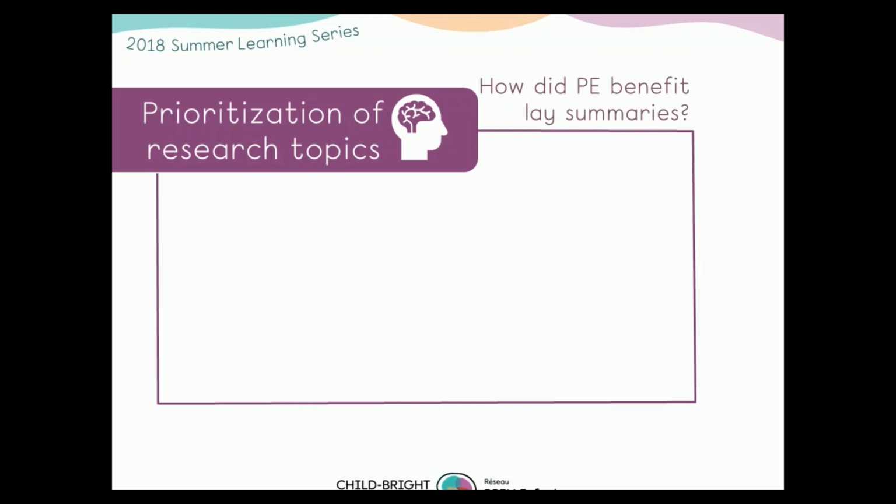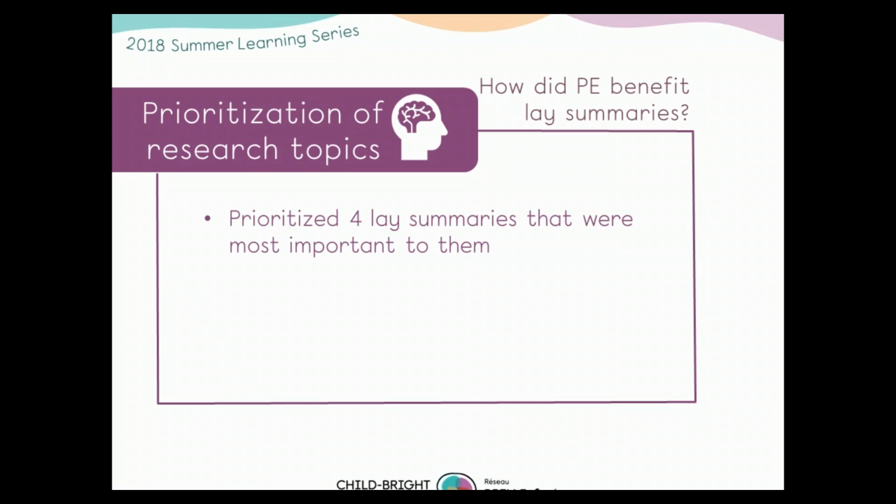Once the group had selected a number of published articles to review, the research group developed 8 lay summaries, and the patients were asked to prioritize the 4 they felt were most important to them.